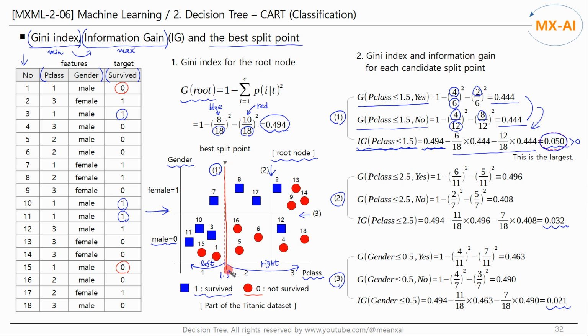We examined the reason for this in detail in the second video of this series. Simply put, a high information gain means the resulting child nodes contain data points that mostly belong to a single class, reducing the need for further splitting. In conclusion, this is the best split point for this node.